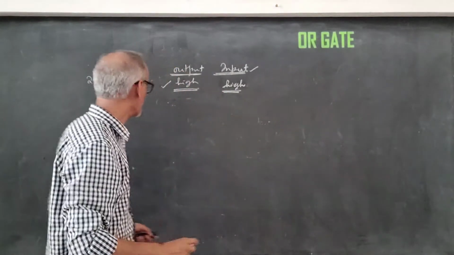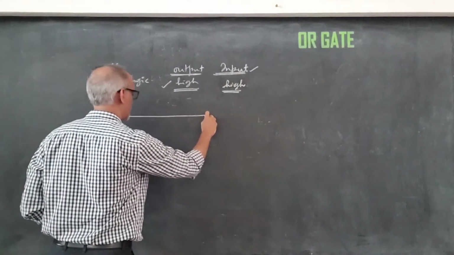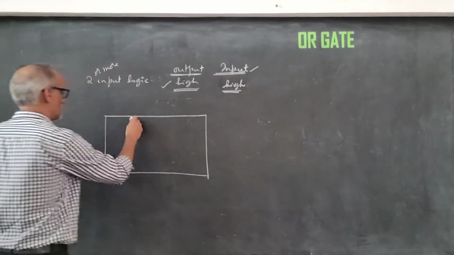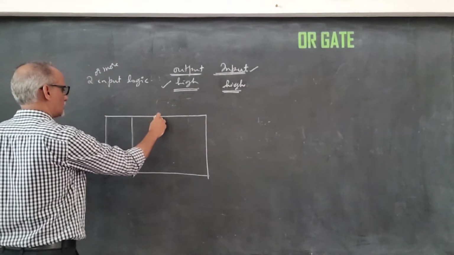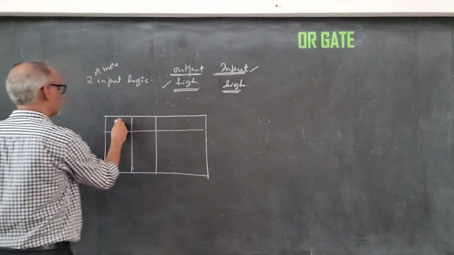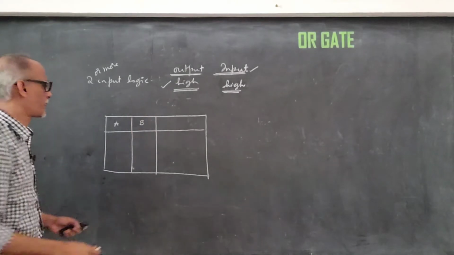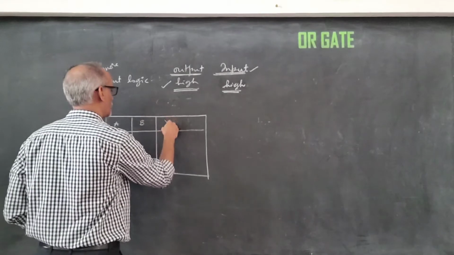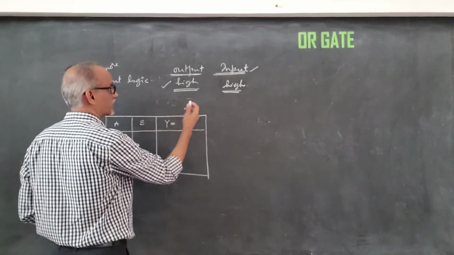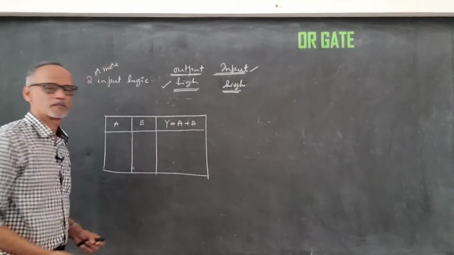Okay. So let's represent that in terms of a truth table. The simplest OR gate is the one which has two inputs, and Y is the output, and the OR gate performs logical addition.